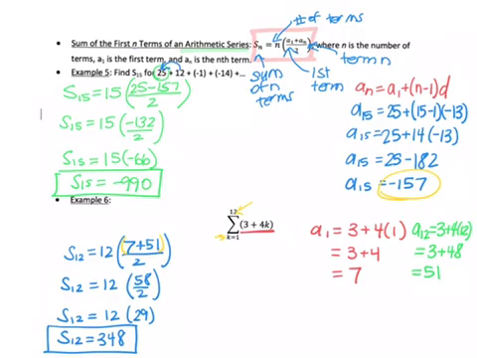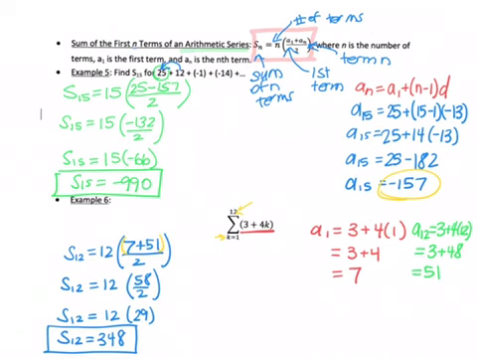Again, that seems to make sense because all of the terms are positive. We know that because the first term is positive and the 12th term continues to be positive, so they have to be going up. And at the 12th term, I'm at 51, which is a pretty large value. So that seems to be a logical answer, 348, for the sum of the first 12 terms.